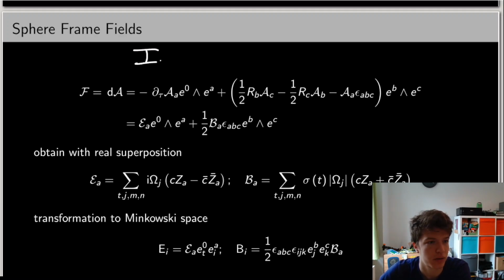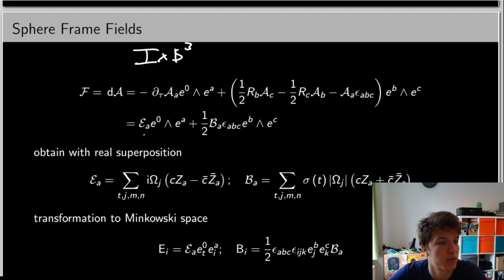Yeah, so now what we do in Minkowski space is that we split the field strength tensor into an electric and a magnetic field. This is the same that we do for the Lorentzian cylinder here.